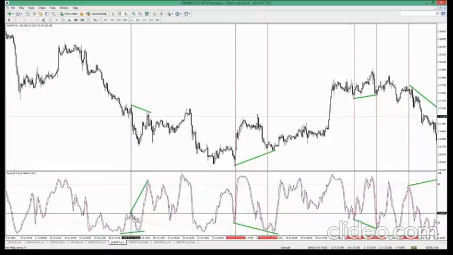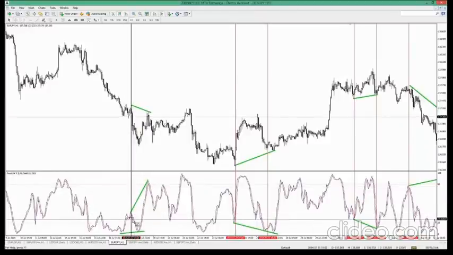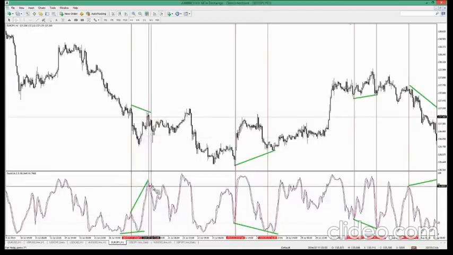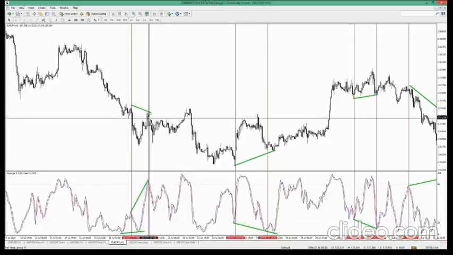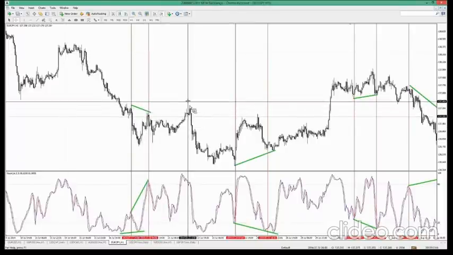So we have price making a high, MACD, stochastic making a lower high down there, and then a higher high with price making a lower high here. You see the difference when we're in a downtrend.